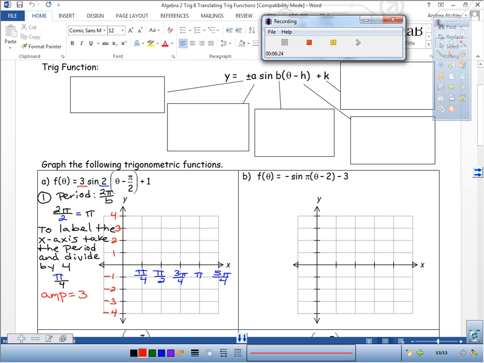With sine and cosine, it's a little different. If this was a quadratic, an x squared, we would talk about the vertex. We would find the vertex of this. We're still going to find that point, it's just not going to be a vertex now. So what would be our vertex if this was a quadratic? Anyone have an idea?